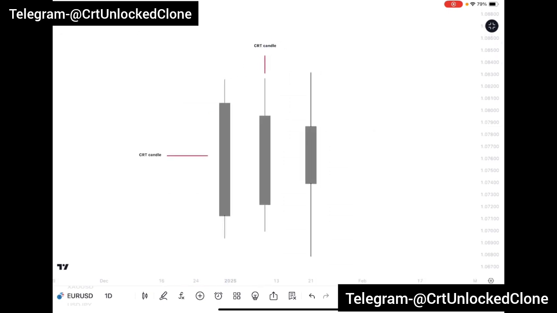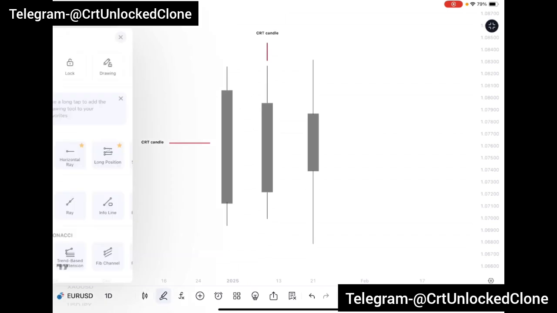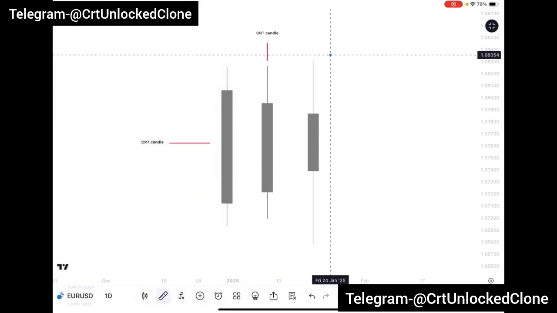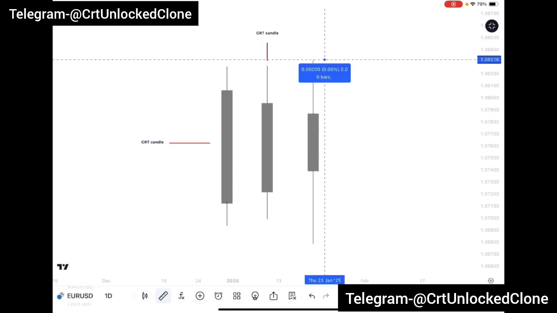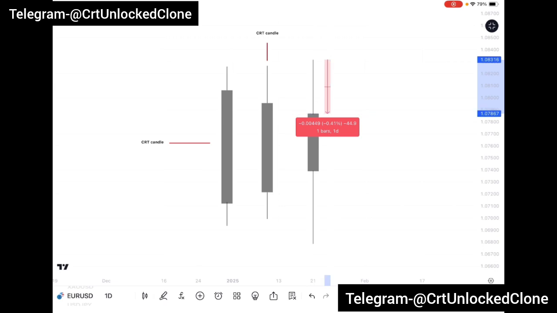CRT candle. Now we can measure the third candle. First we measure both the wicks. By measuring the first wick present on the top, we got 0.41. And now we measure the wick present on the bottom.